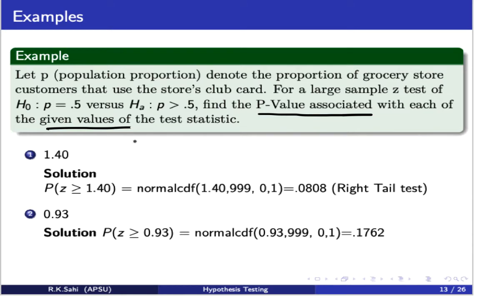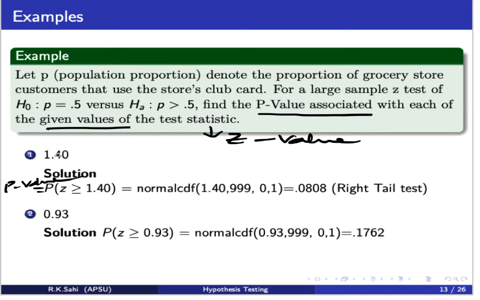So in other words, we are given the Z value, okay? And we would just like to find the p-values of it. So when we say Z is 1.40, we would like to find the p-value of Z greater than or equal to 1.40. This is the p-value, guys. Remember, this one is the p-value.